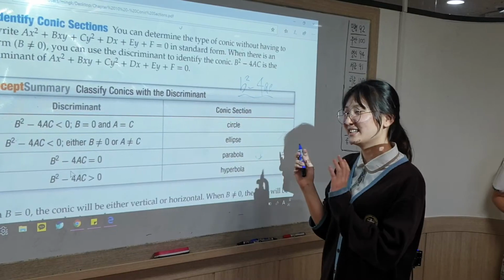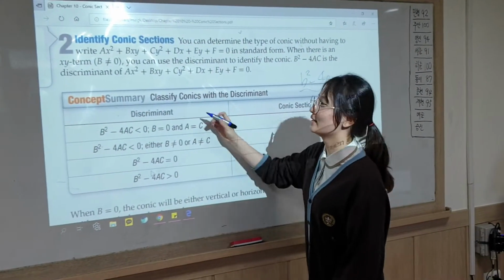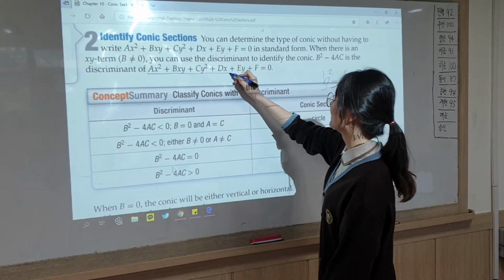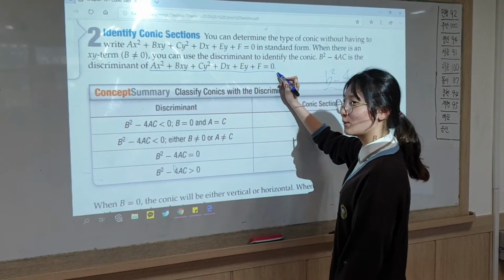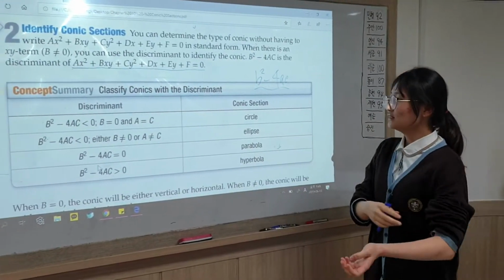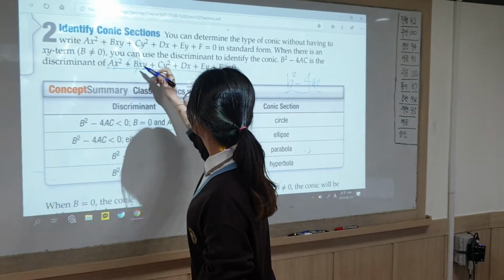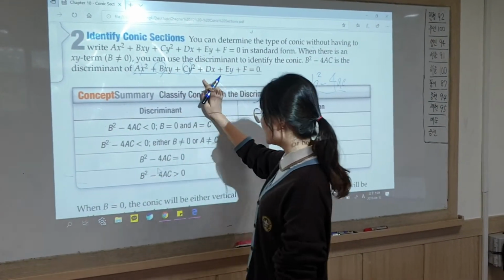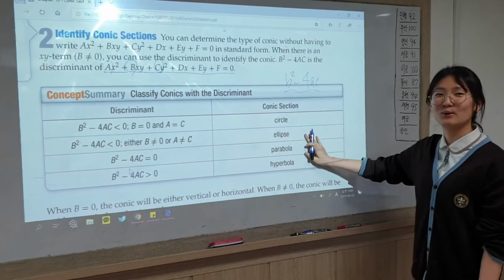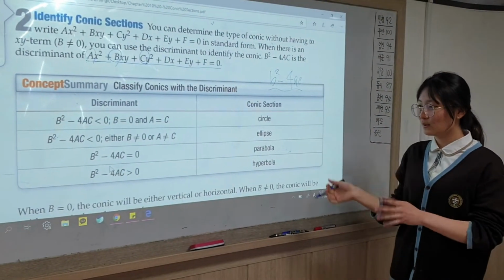Really interesting. You're going to meet this kind of equation, and then just get this A and B and C. With these 3, you're going to know how the circle, ellipse, parabola and hyperbola go.